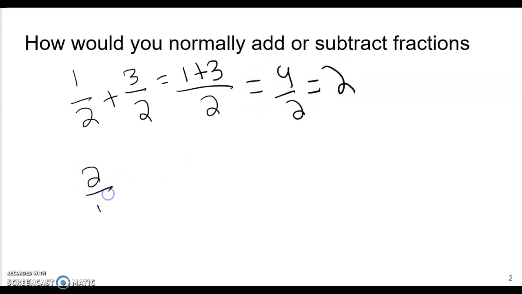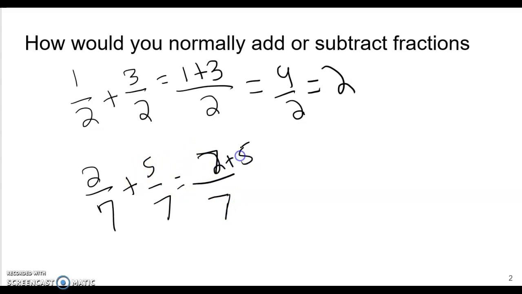So if I gave you something like 4/7 plus 5/7, they have common denominators. So the denominator is 7. 2 plus 5 equals 7/7 or 1. We're going to keep this idea in mind as we go on to add and subtract rational expressions.